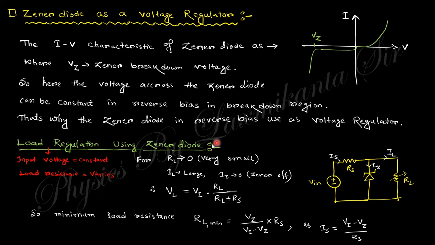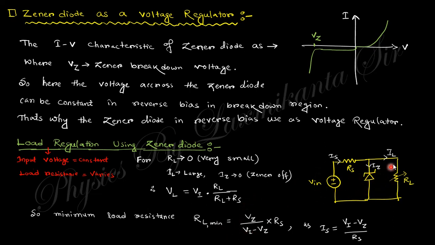When IZ becomes 0, the voltage across the load will be decided by this current flow path; the Zener is not acting here. And the minimum load is required for which the Zener is acting.